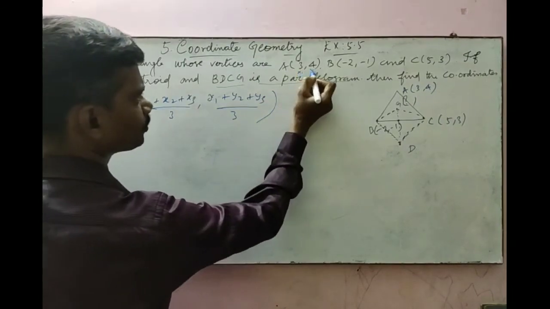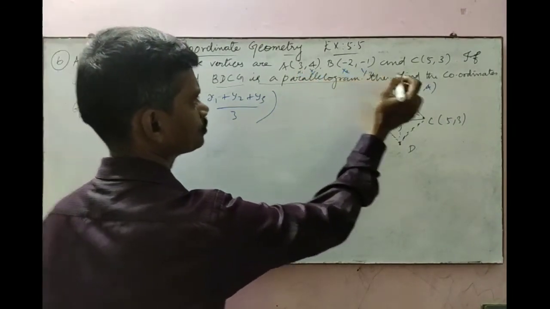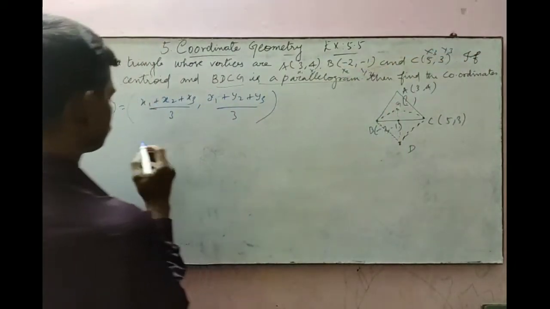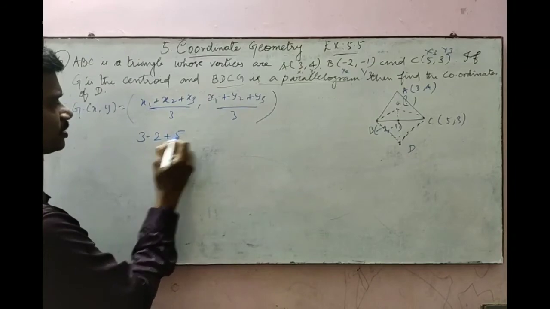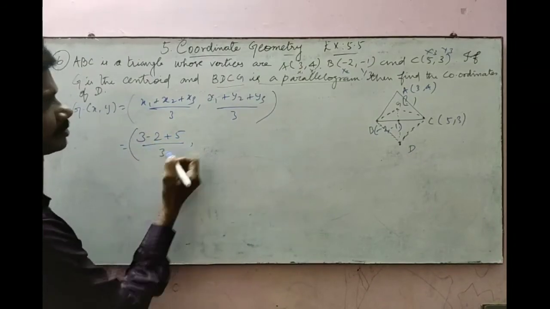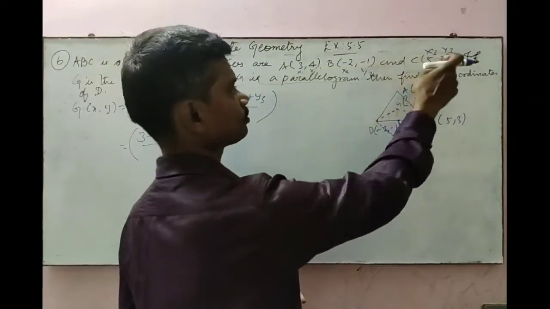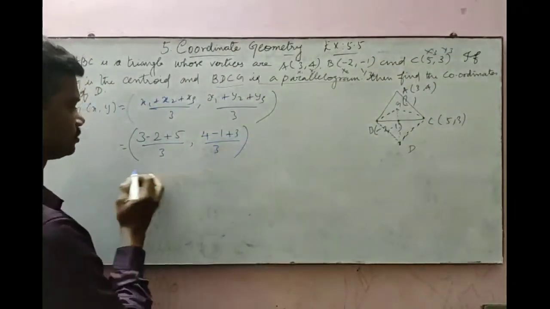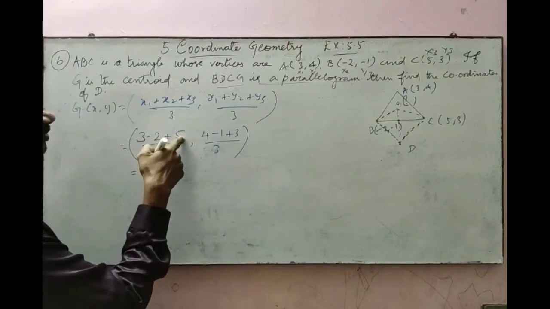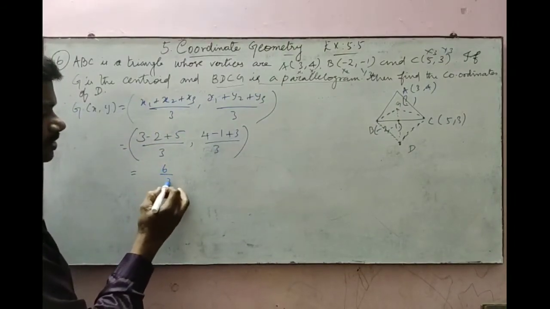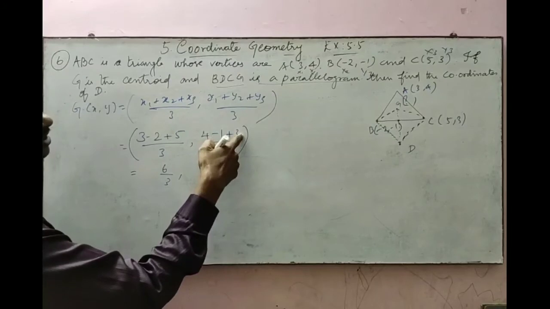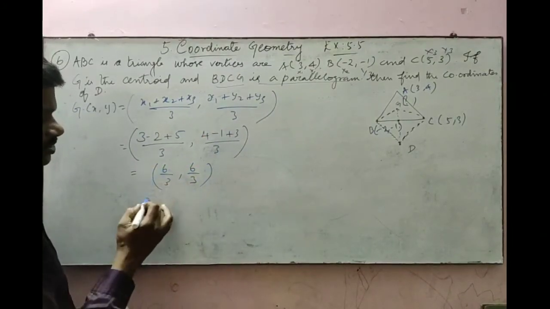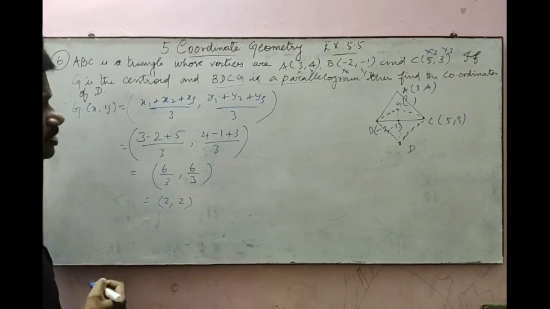Here this is x1 y1 and this is x2 y2 and C is x3 y3. 3 minus 2 plus 5 by 3, 4 minus 1 plus 3 by 3. If we simplify this, you will get 3 plus 5, 8, 8 minus 2, 6 by 3, 4 plus 3, 7, 7 minus 1, 6 by 3. So on cancellation, you will get 2, 2. So this is the centroid.